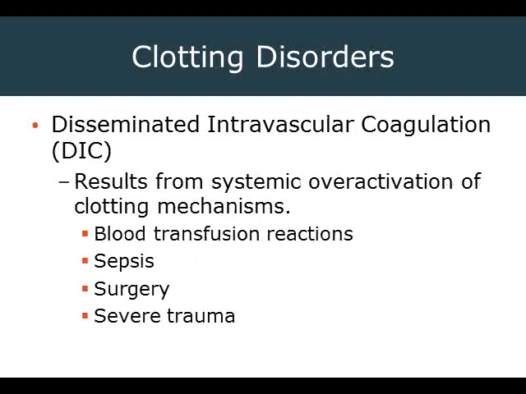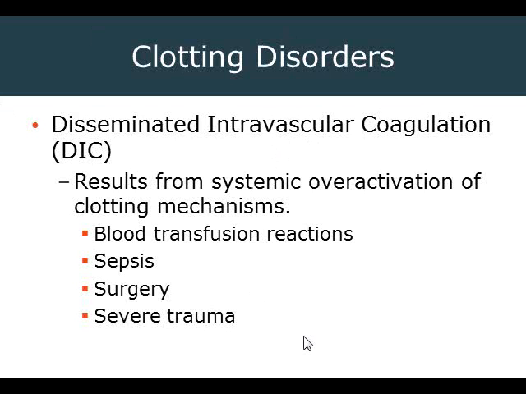DIC, we've mentioned this before, disseminated intravascular coagulation. This is from a systemic overactivation of the clotting mechanism and cascade. So the body kind of goes into overdrive, and it's going to result typically from things such as blood transfusions or blood transfusion reactions. The body's kind of overstressed there.